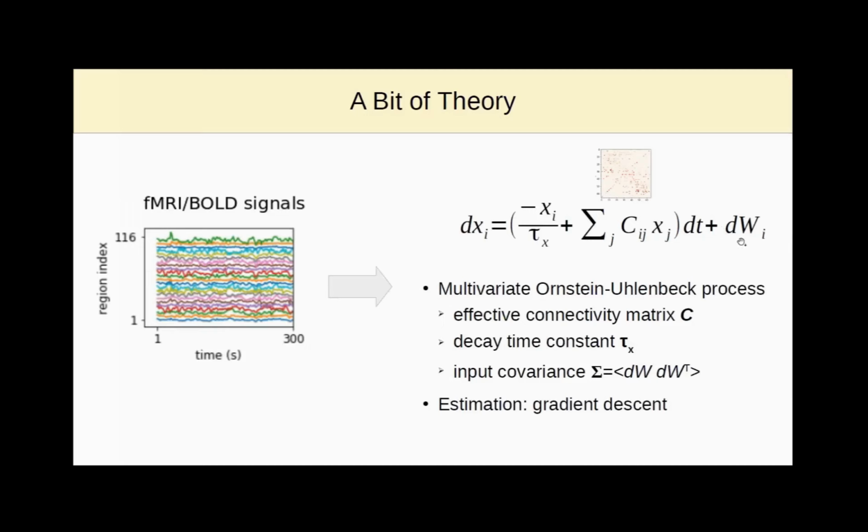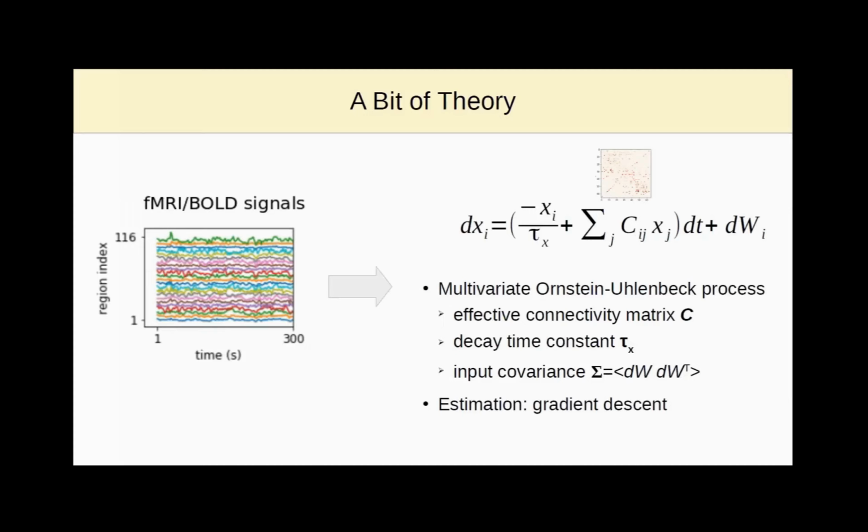And this input noise here, the dW, has another structure as well. It's like white noise that is inserted in the network, and it has a given input covariance. The point, to fit the model to the data, is to estimate these different parameters from the signal.